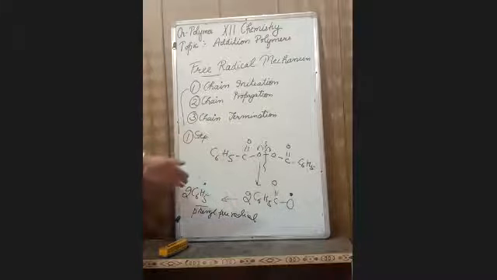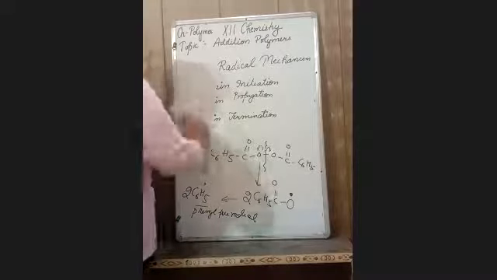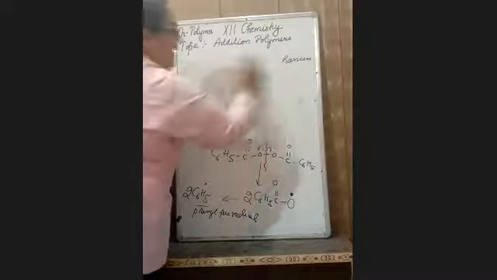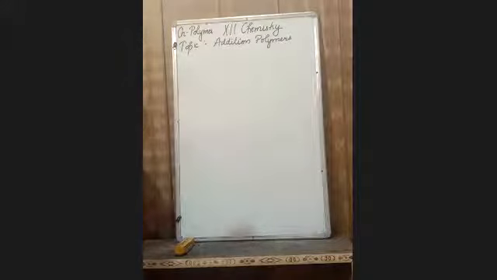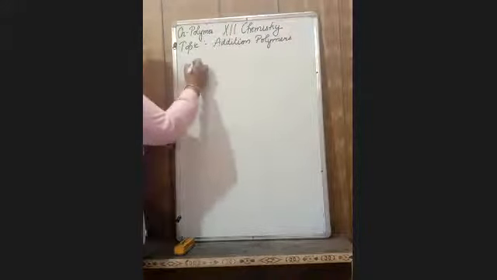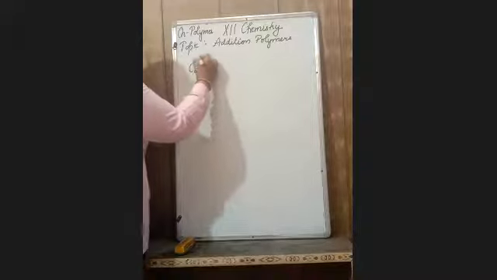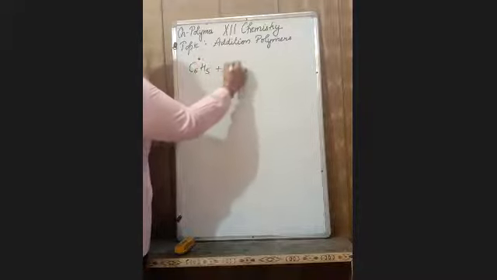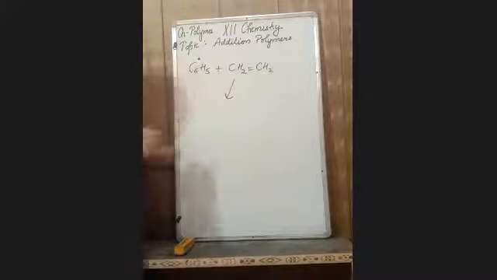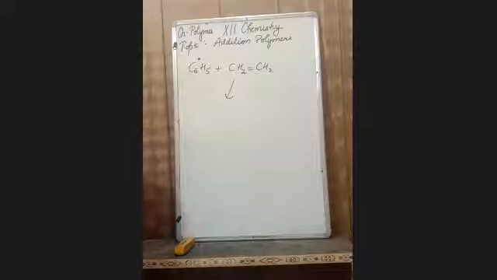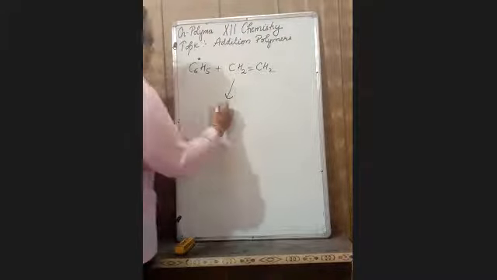Now this free radical will attack your monomer. Suppose I am taking ethene as monomer. Ethene is the monomer for the formation of polymer polyethene. So this radical will attack the ethene molecule and initiate the reaction.